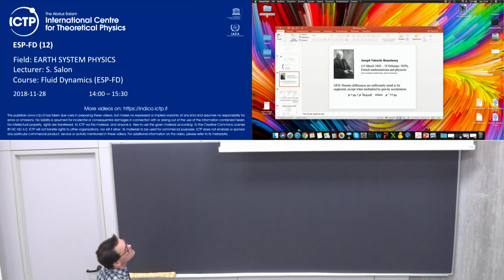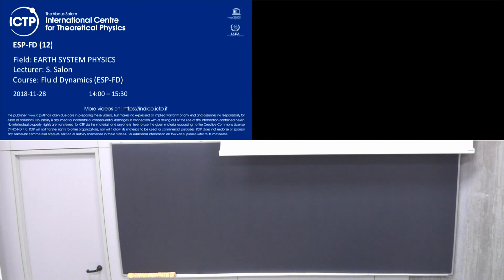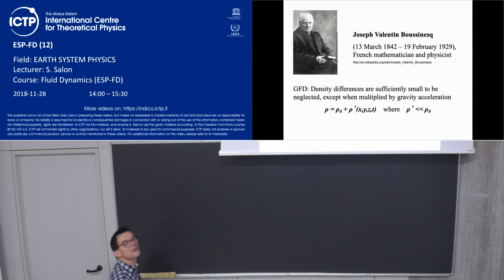Okay. So yesterday we concluded with the first kind of approximation, since as you may remember, the equations are pretty difficult to be solved, both for the air and for the seawater.